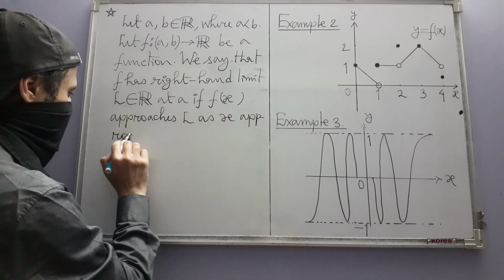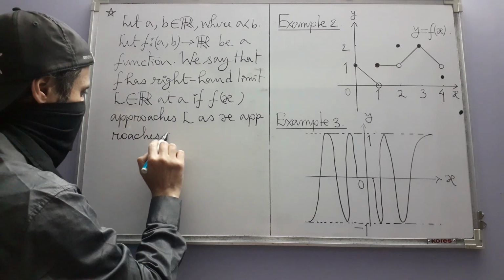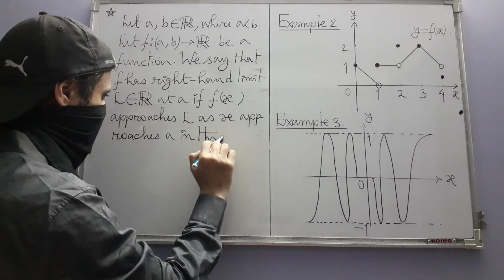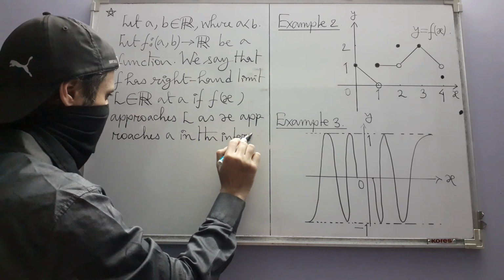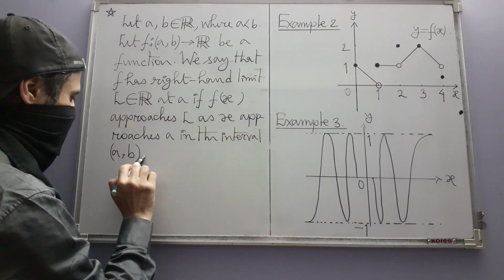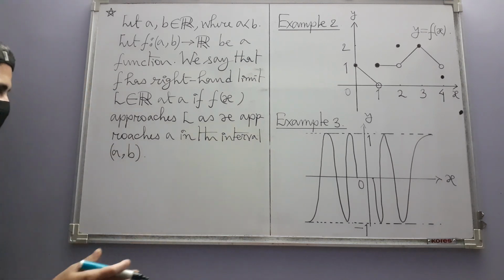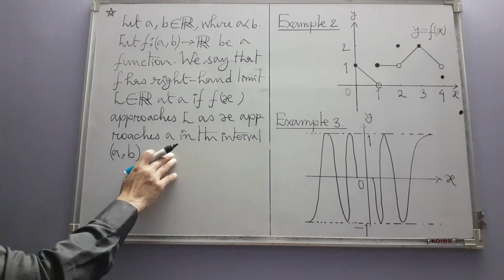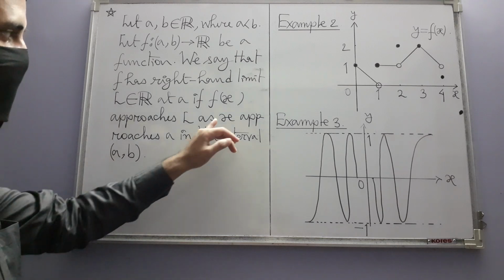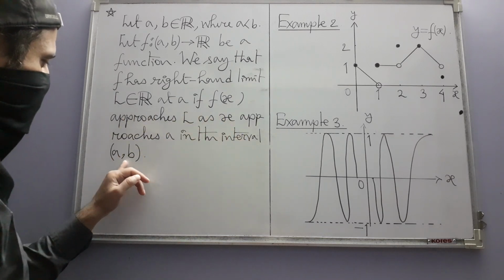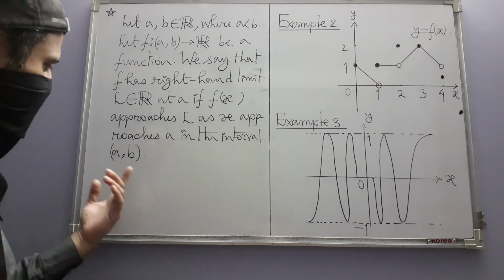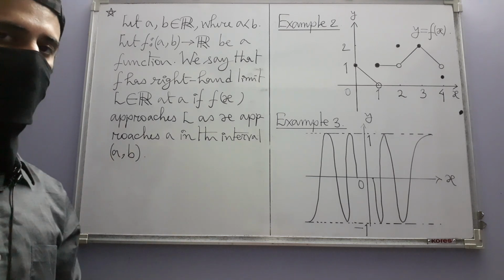x approaches a in the interval (a, b). We have captured the one-sidedness by restricting x to be inside this interval, so that although x is approaching a, every time we take one value x from this interval, it lies to the right of a.